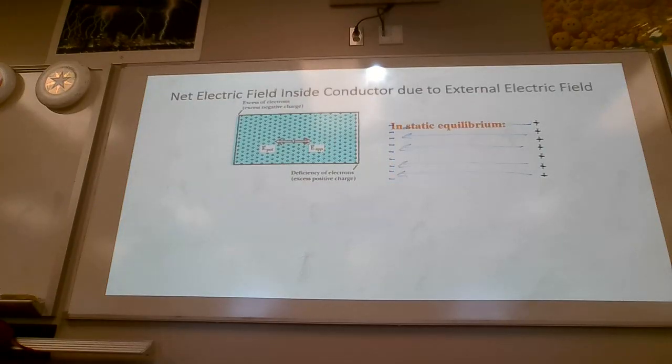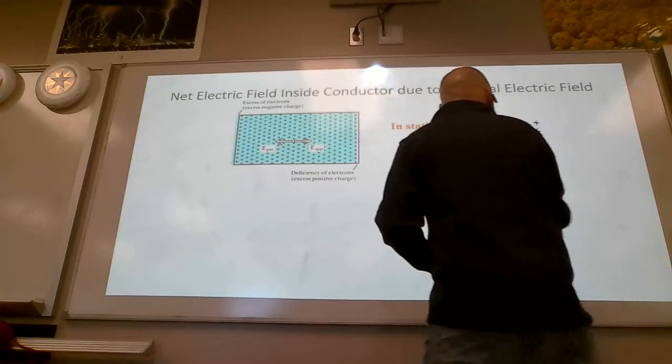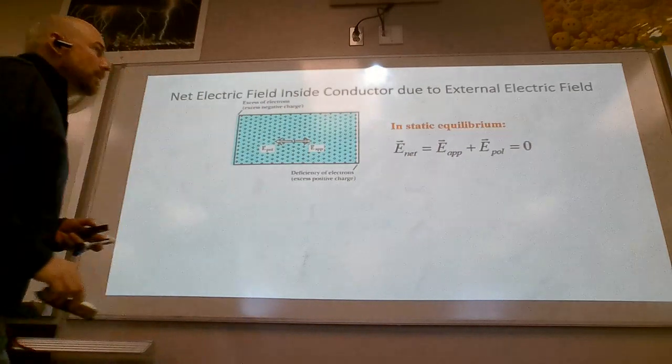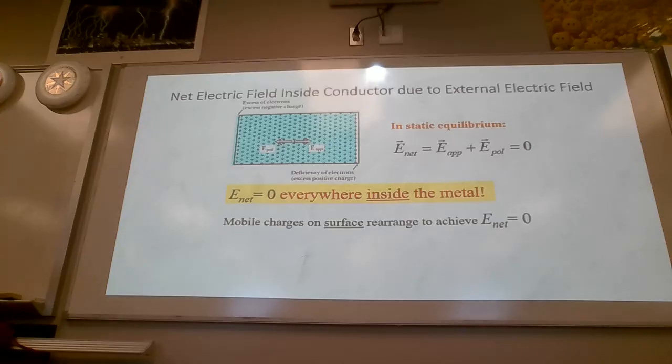So net electric field is equal to 0. That's really important. So the mobile charges on the surface are rearranged, so the net electric field is equal to 0.